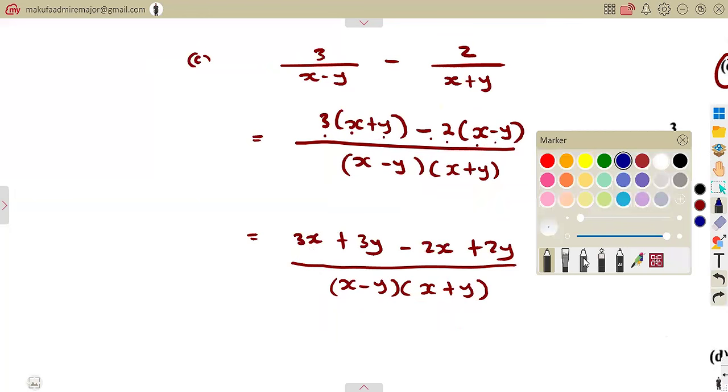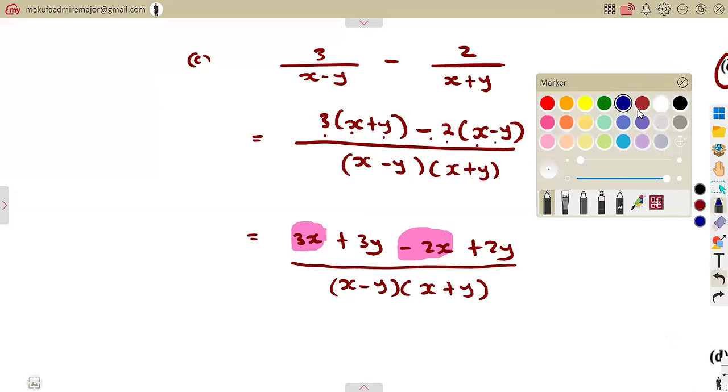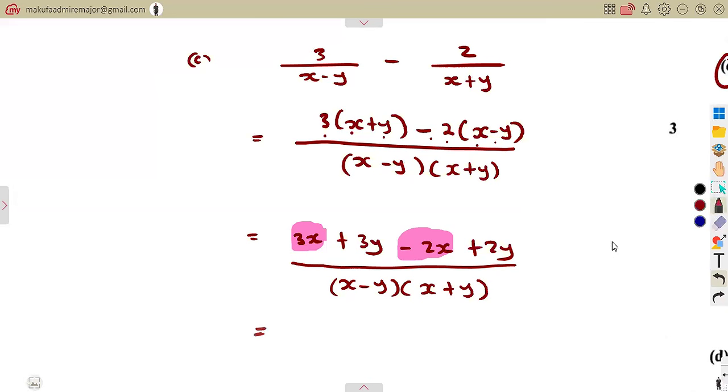These are the like terms that you're considering here. So you can combine those terms. That is 3 minus 2, that's 1x. But remember, 1x is the same as x. The same with the part of y here, the 3 and the 2, that will give us 5. So that will be 5y in this case over the two brackets, x minus y into the bracket of x plus y.